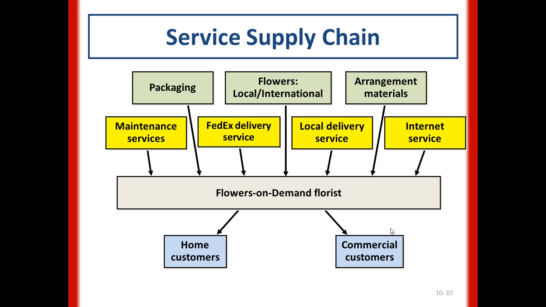One role is to be a seller, selling flowers to home customers and commercial customers. A florist is also a buyer when they buy maintenance services, packaging, delivery services, flowers, and other things from suppliers.